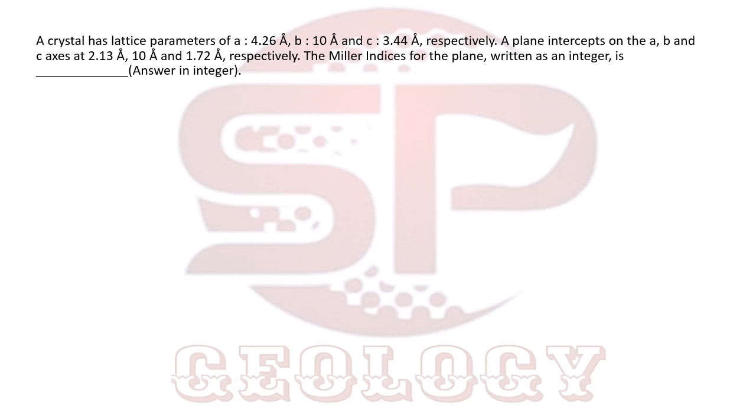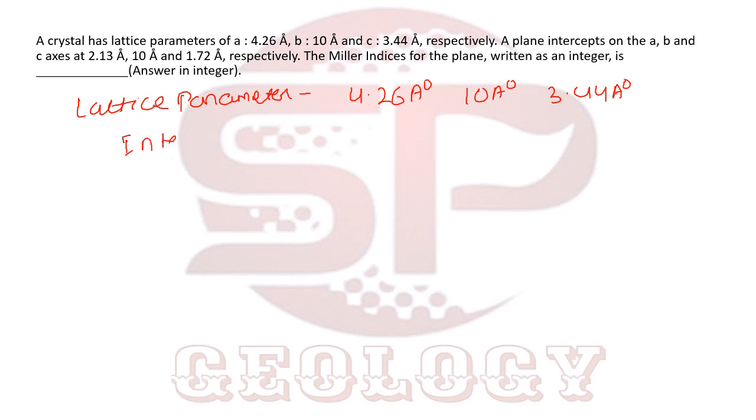The crystal lattice parameters are given. So write down in ABC sequence: 4.26 angstrom, 10 angstrom, then 3.44 angstrom. Then the intercepts are given: 2.13 angstrom, 10 angstrom, and 1.72 angstrom.